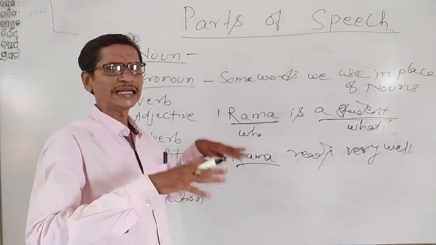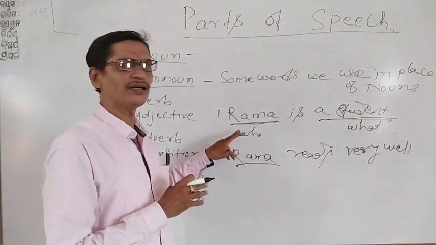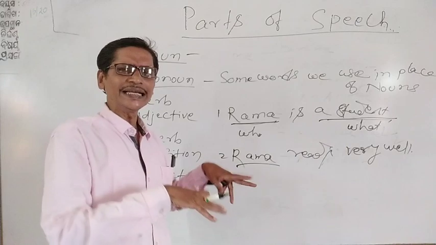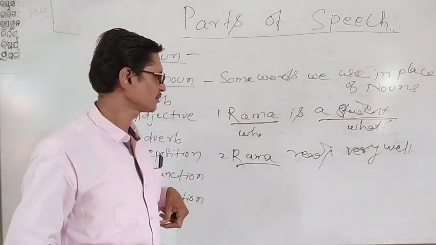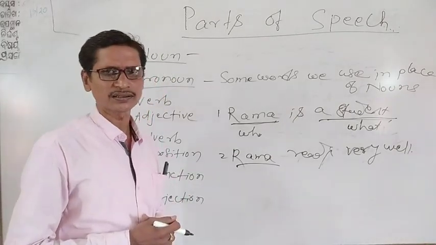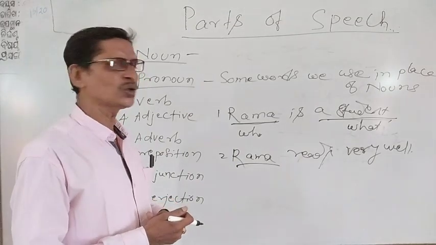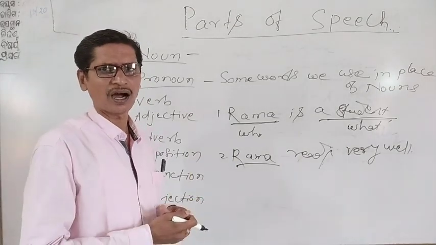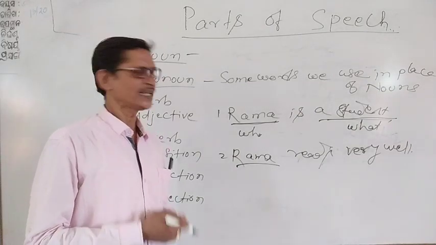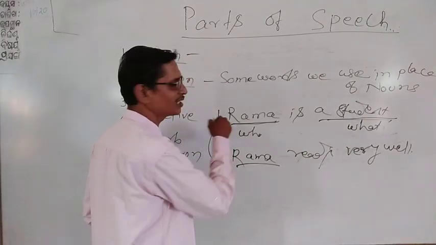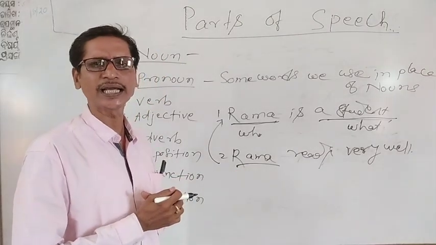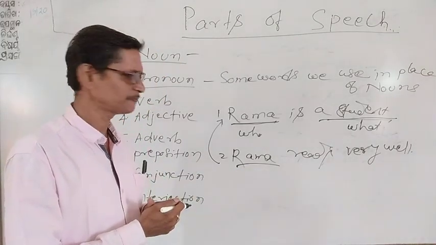When we talk about individual sentences, without any relation between the sentences, we need not change anything. But when the second sentence refers to the first sentence, it is not necessary to repeat the subject again and again. If we want to have a relation between the first and second sentence, it is not necessary to write Rama again.